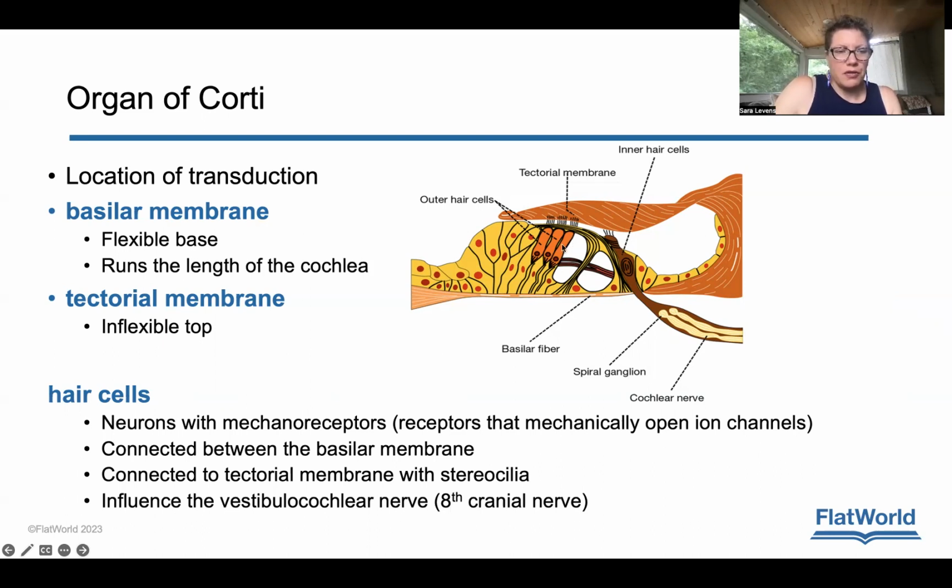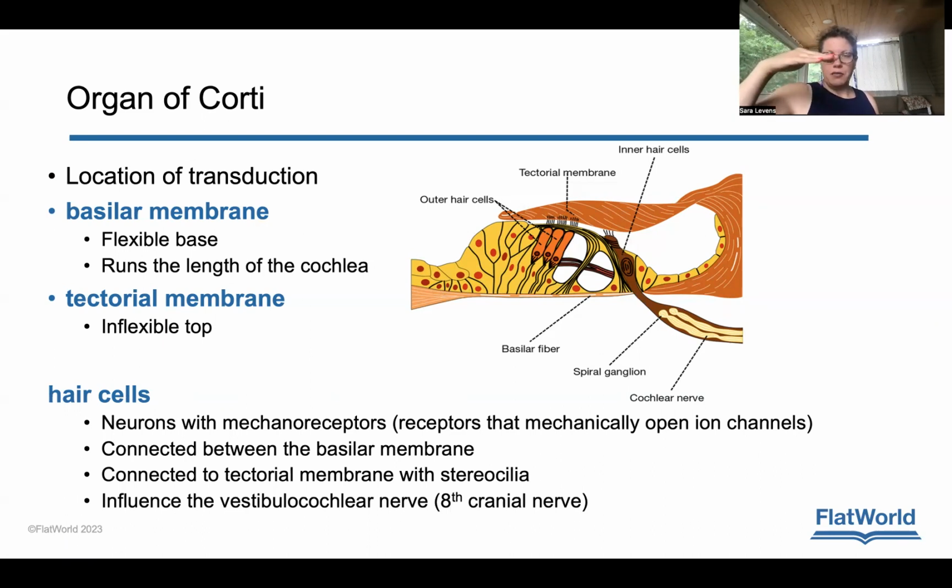So let's walk through this. The basilar membrane right here is a flexible base, and it runs the whole length of the cochlea because this is what the cells reside in. The tectorial membrane has an inflexible top, and some of the hairs sit in the tectorial membrane.